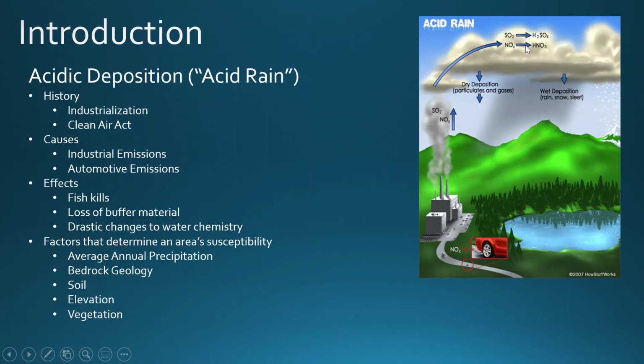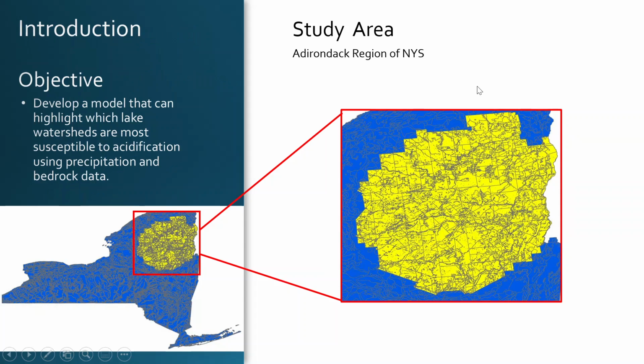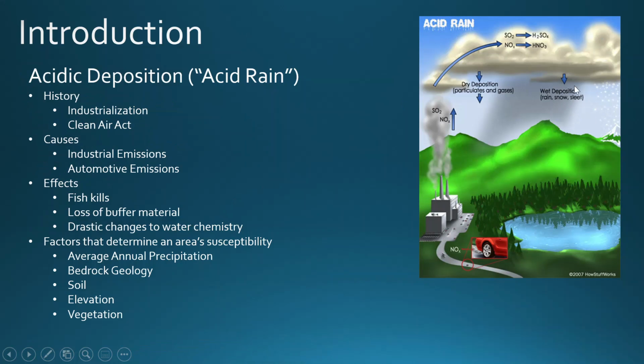Once they get up into the atmosphere, they react with water vapor and water in general to form acidic components such as sulfuric acid and nitric acid right here. And then once that's formed, it can collect and get heavy in the atmosphere, and that's when it drops down to the terrestrial environment. That could be either in dry deposition or wet deposition.